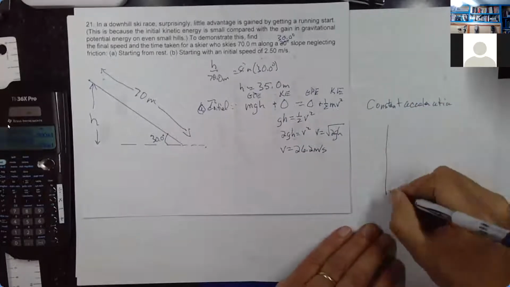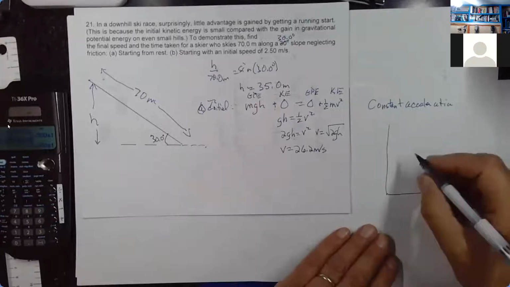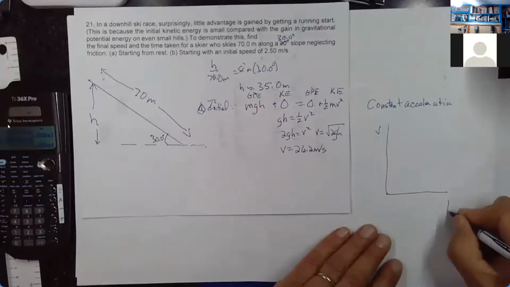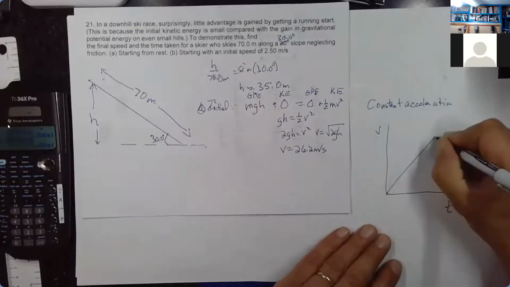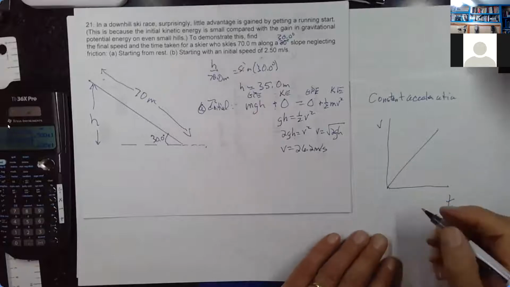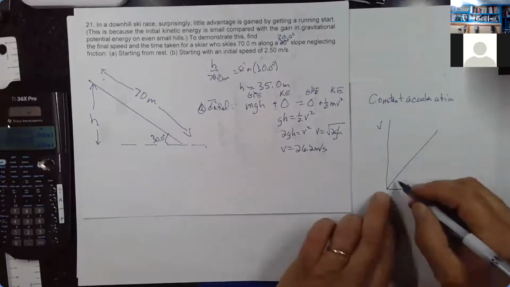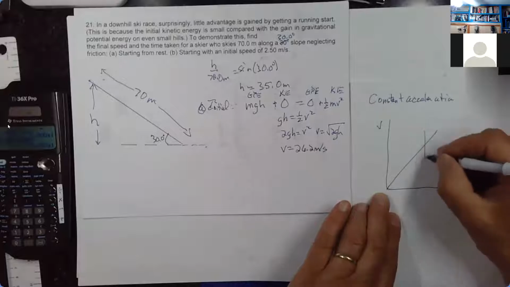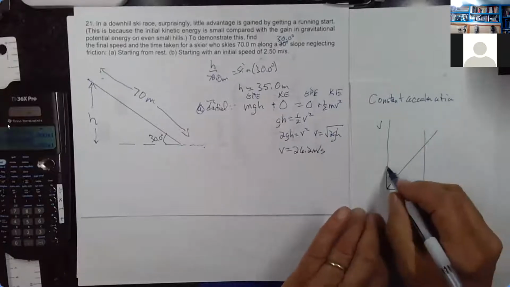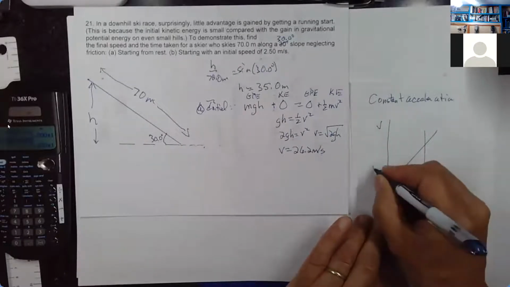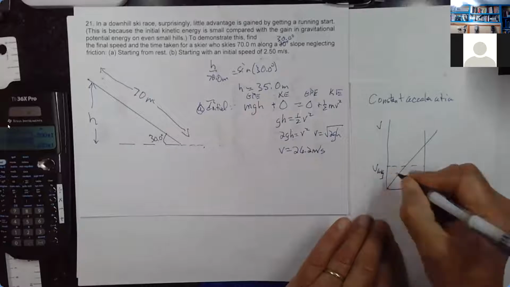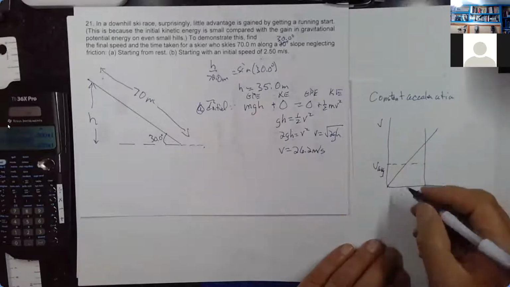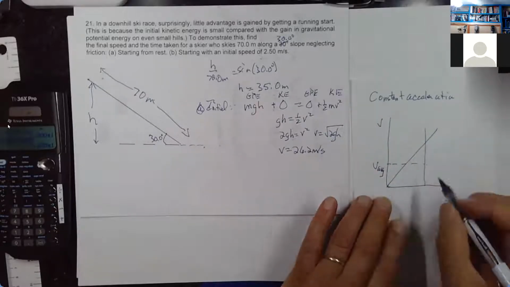Okay, when you have constant acceleration, if you make a graph of v versus t for some interval, this would be starting at rest, and it's going to be a straight line when you have constant acceleration, and the average velocity is equal to 1/2 of the initial plus the final.